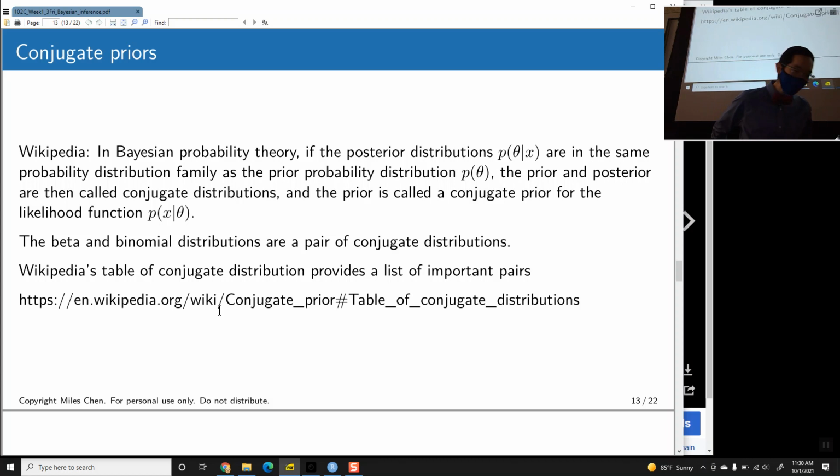All right, we already talked about conjugate priors. The idea of a conjugate prior is that the posterior distribution ends up being in the same family as that prior distribution.